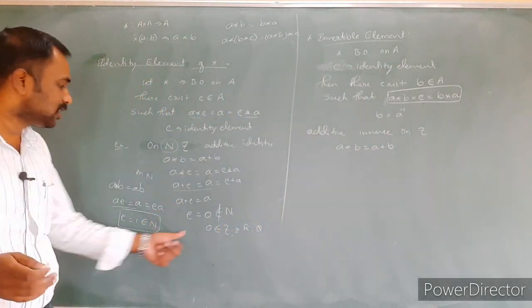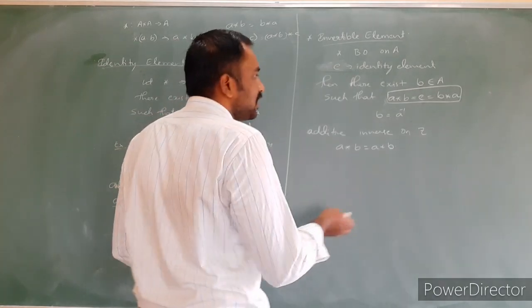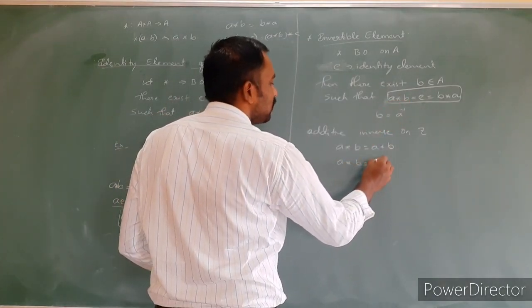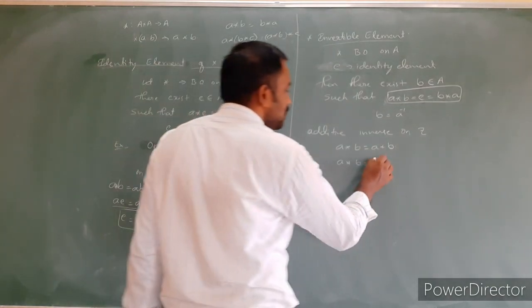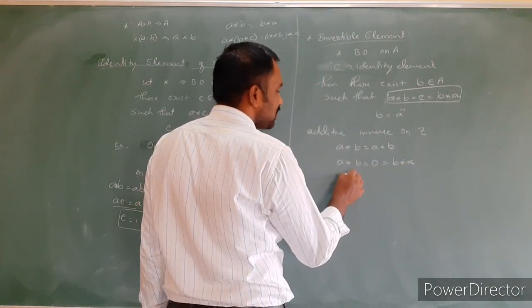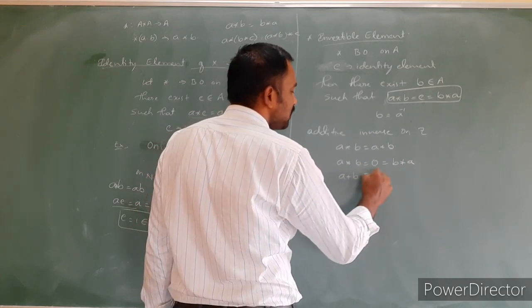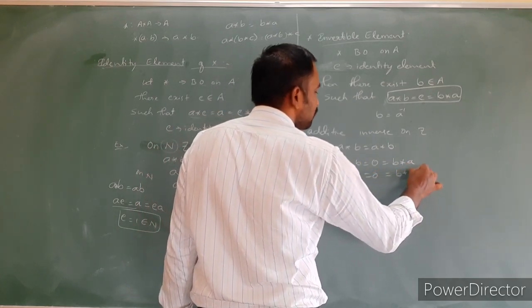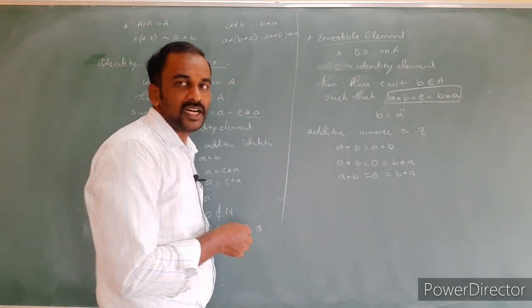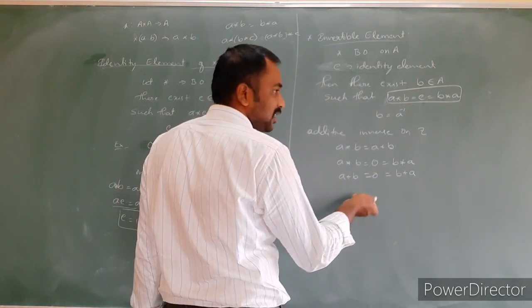The additive identity is 0 on the set of integers. According to the definition, A star B is equal to E. What is the E value? 0. Similarly B star A. So A star B is nothing but A plus B equal to 0, as well as B plus A, which is the same, since addition satisfies the commutative law on the set of real numbers and integers.